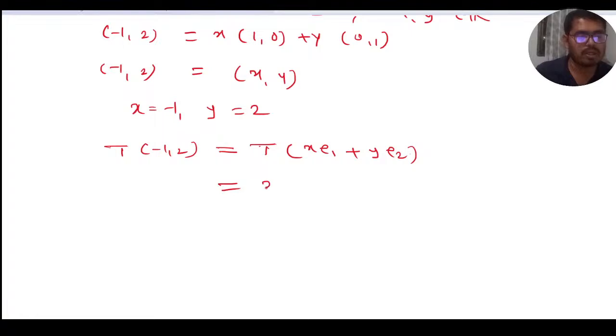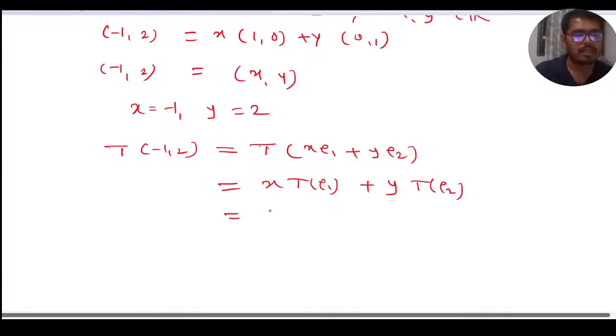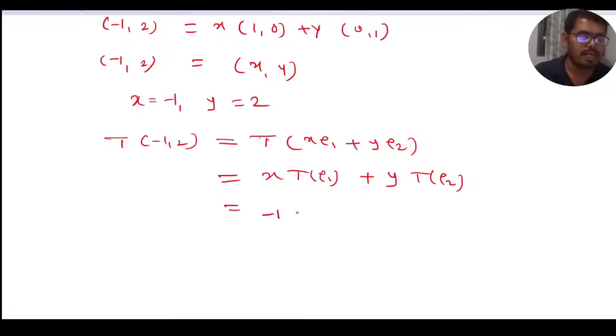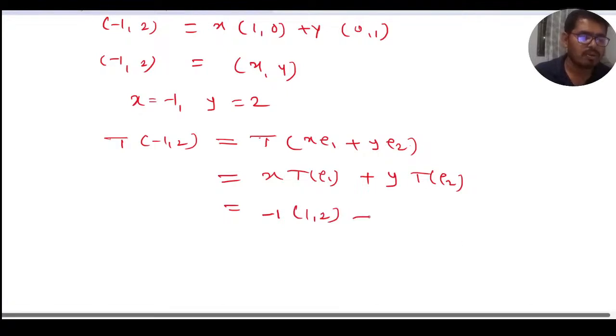Because T is linear, that is equal to x times T of E1 plus y times T of E2. What is x here? x is -1. T of E1 is given, that is 1, 2, plus y is 2, and T of E2 is given as 2, 3. Both are given here.